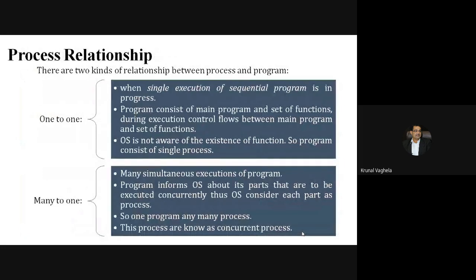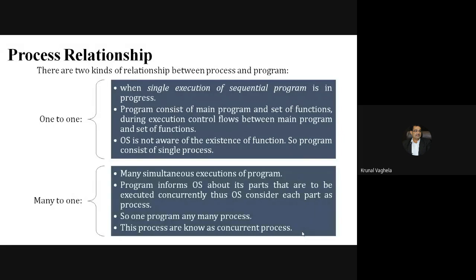This we have also seen as 1-to-1, when one program is executing as a single entity. Programs have inbuilt user defined functions, but the operating system is not aware, so the entire program is running as a single entity. That is 1-to-1.